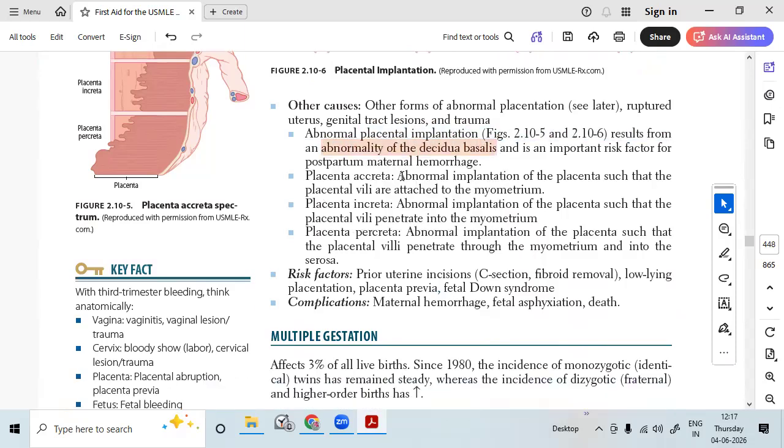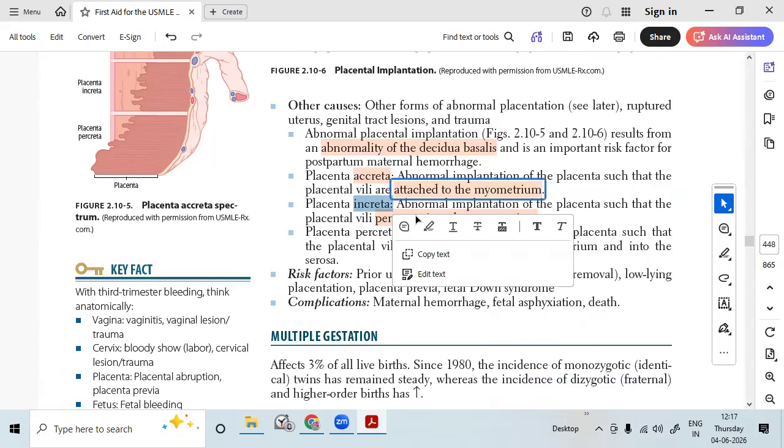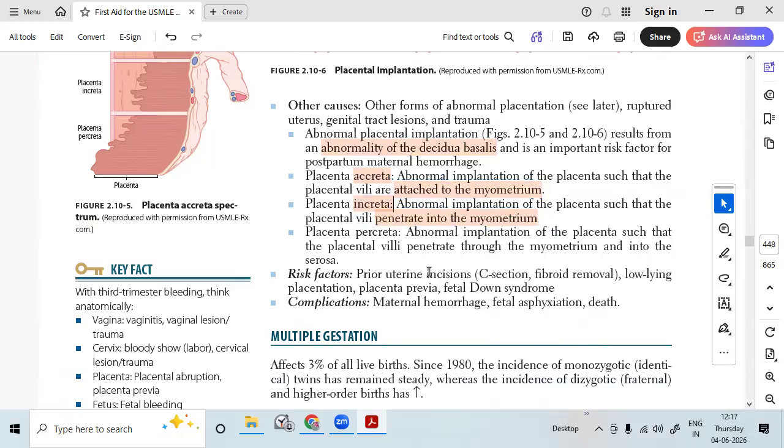Placenta accreta is abnormal implantation of the placenta such that the placental villi are attached to the myometrium. So the endometrium is completely invaded, gone. Increta penetrates into the myometrium.